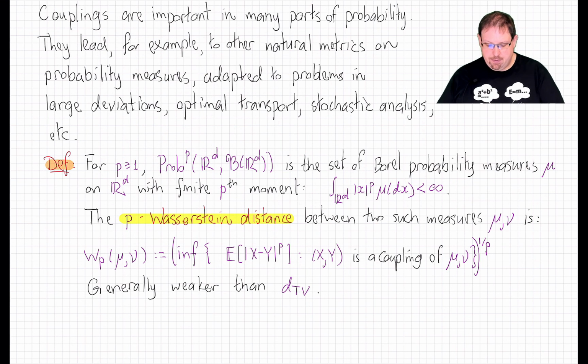Then we take the infimum of that over all possible couplings. That gives us what's called the L^p-Wasserstein distance. And for each p, it does define a metric on the space of pth moment probability measures. This distance is, generally speaking, weaker than the total variation distance, although you have to make further restrictions to actually get some kind of inequality between the two.